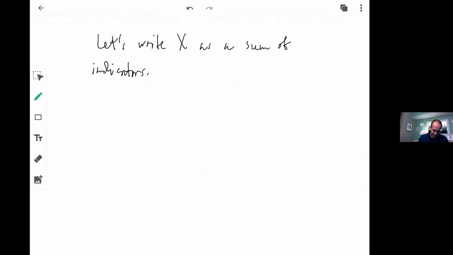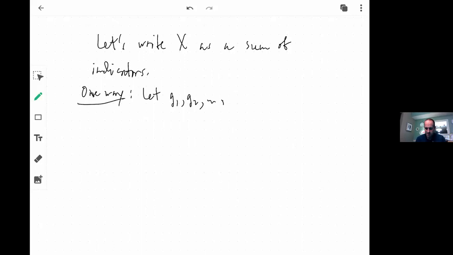So here's one possible way to do this. Basically, what I'm going to do is label the good balls. So we let G1, G2, and so on, and we can think of these things as balls in an urn.